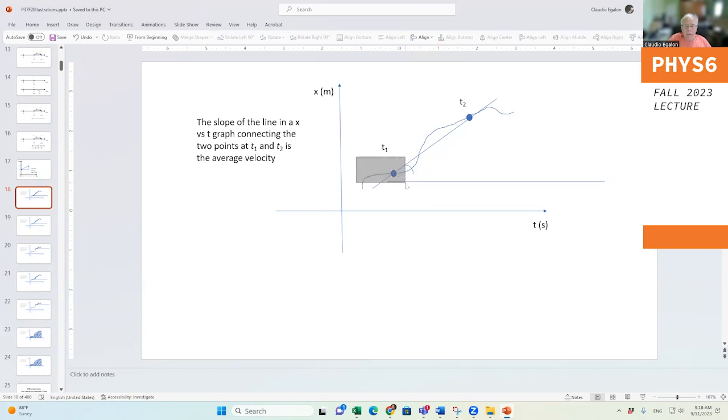And how is that done? Approach t1 as close as you can to t2. Delta t here is becoming small. Here is t1, and here you go, t2.